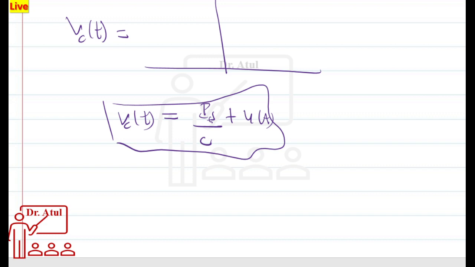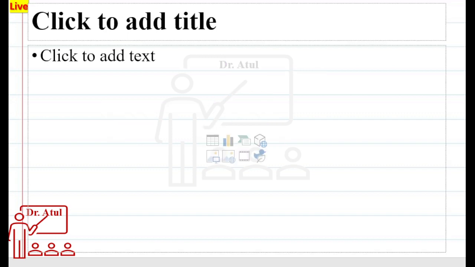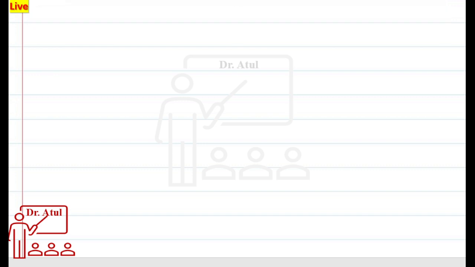This kind of periodic waveform is written in the question, and the question is: express this in terms of unit step function. Express the square waveform as a sum of unit step functions.